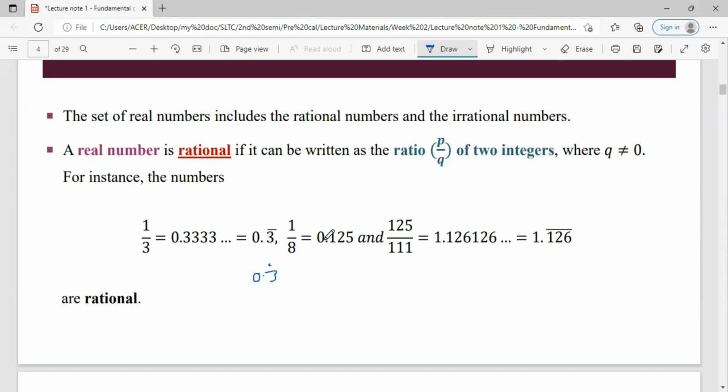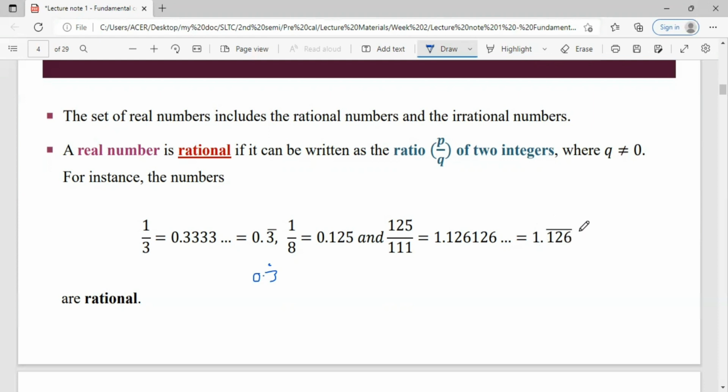This one equals 0.125. So there is an endpoint here, only these values, 0.125. And 125 divided by 111 equals 1.126, 126, then again 126. Here also we can put dots, and we can also write this as 1.126 bar.